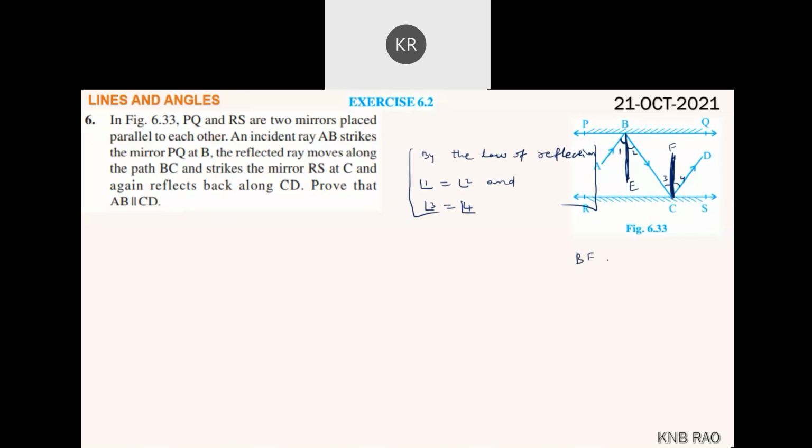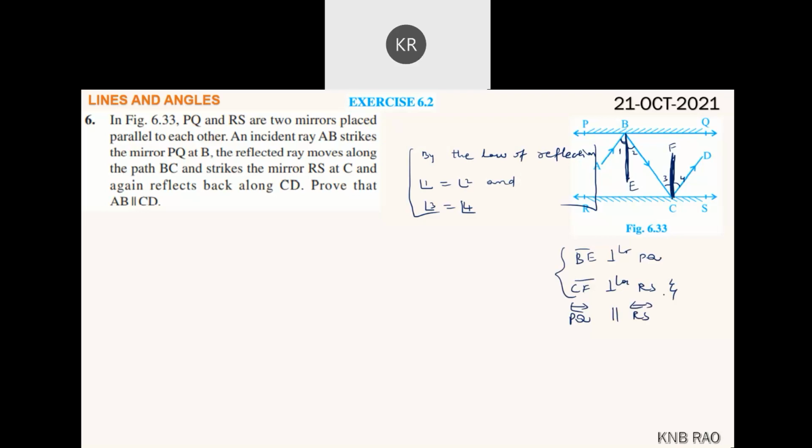Why? Because BE perpendicular to PQ, CF perpendicular to RS, and PQ parallel to RS.